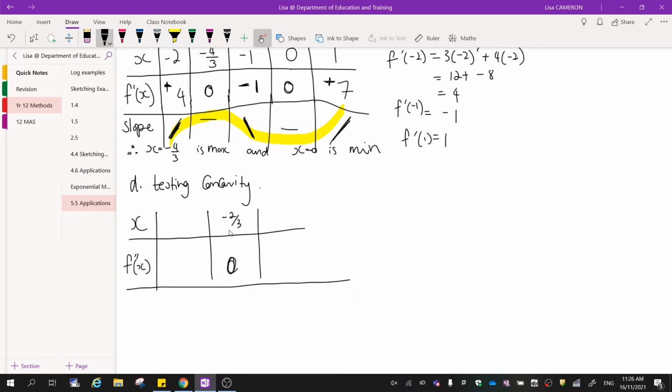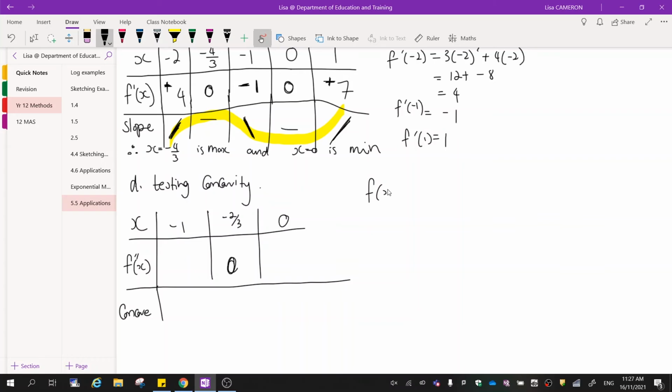Now I'm going to pick a value either side of that negative 2 on 3, so that's going to let me test either side to see what's happening to the concavity. A value slightly less is going to be negative 1. A value slightly more is going to be 0.